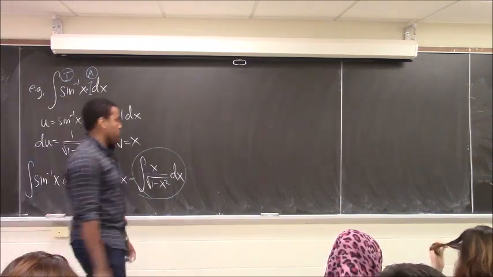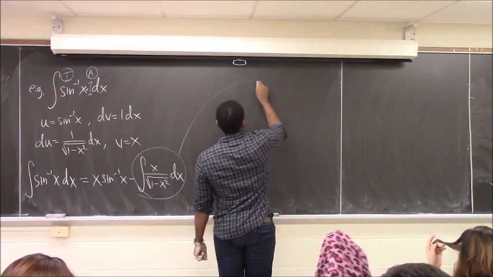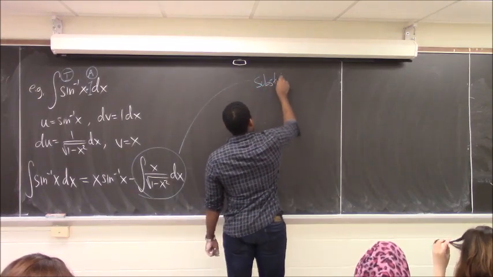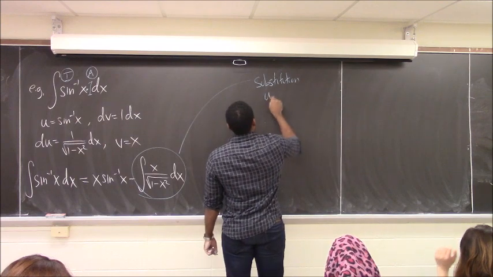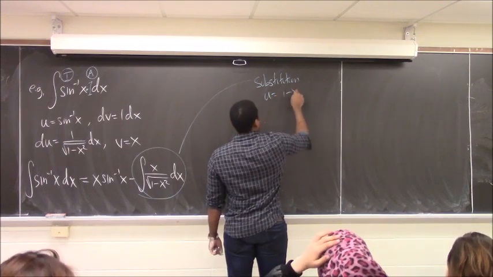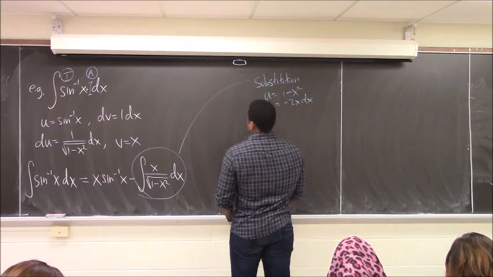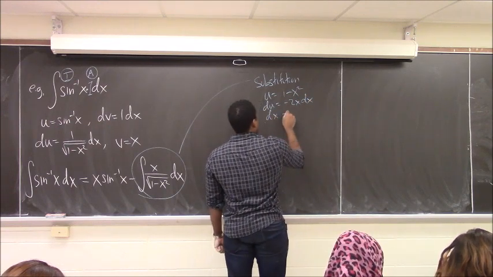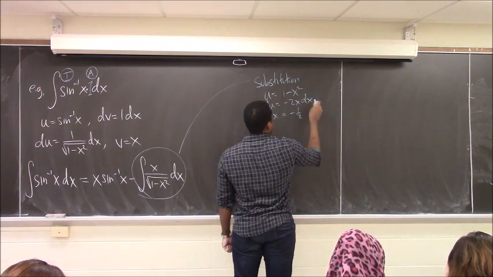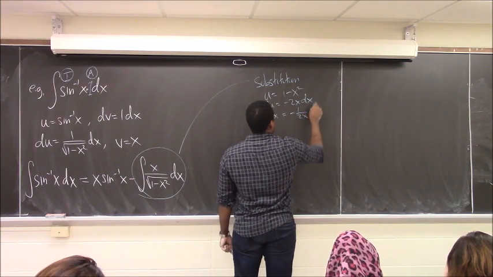Here we're going to do several rules at a time. I would do a substitution: u equals 1 minus x squared. du would be minus 2x dx. So my dx would be minus 1 over 2x du.